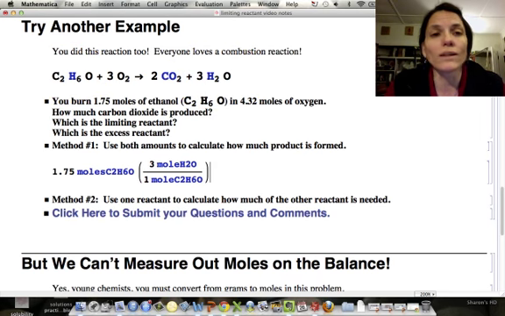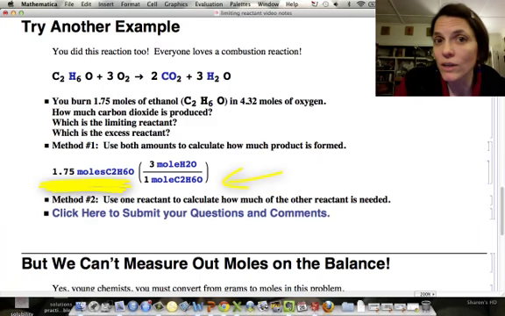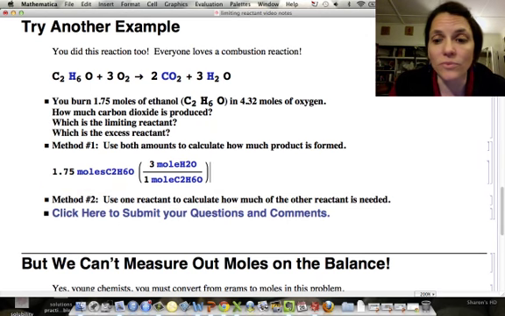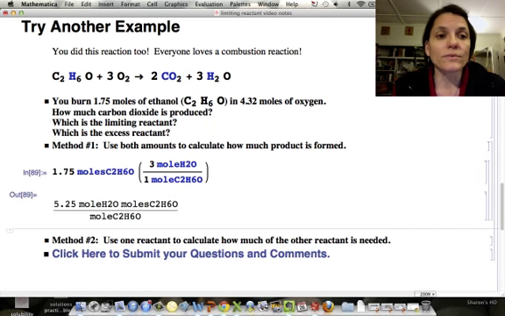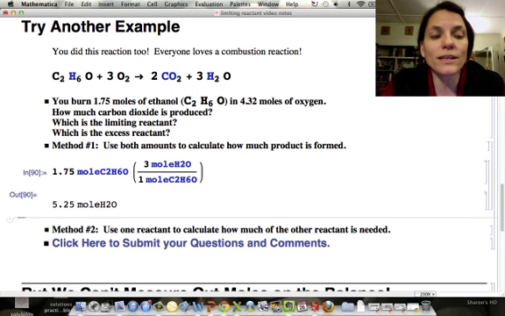You're probably wondering, why did that go in the denominator? Well, remember, whatever you're starting with in the given problem has to go in the denominator, so it cancels out. Oh no! Units didn't match. There we go. So the first thing we found out is that if we react all of the ethanol, 1.75 moles, we're going to get 5.25 moles of water.